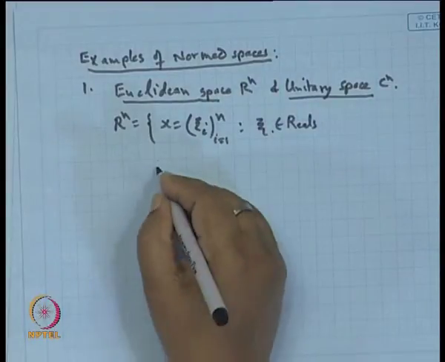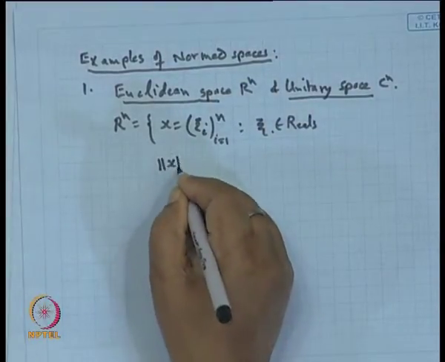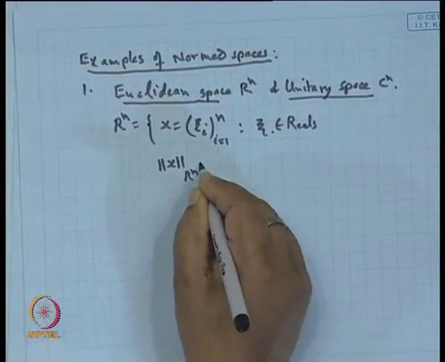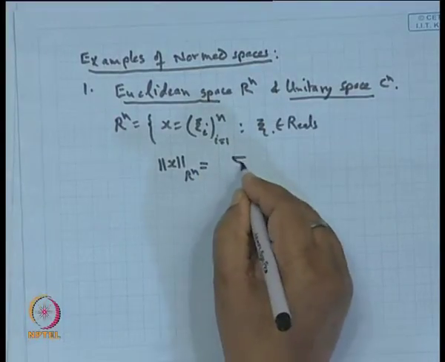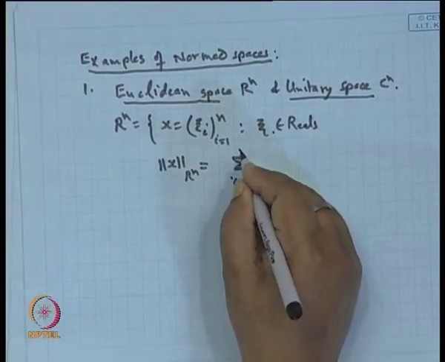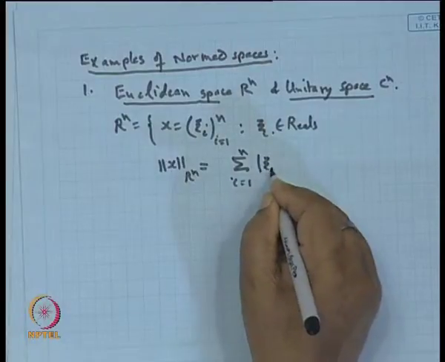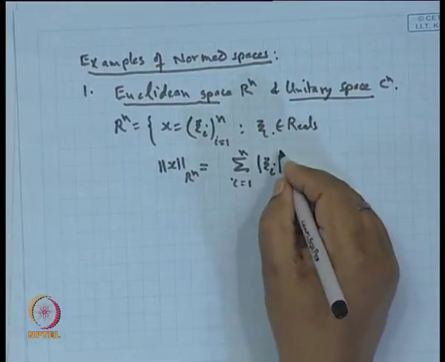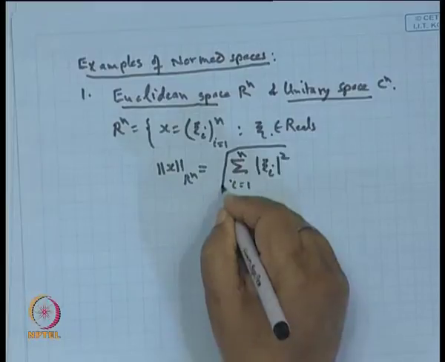So, here we are introducing the norm of x on R^n as the square root of sigma i is 1 to n, mod xi_i squared.